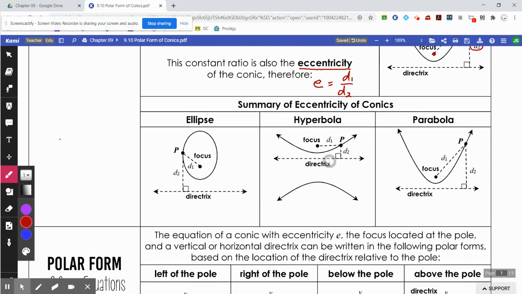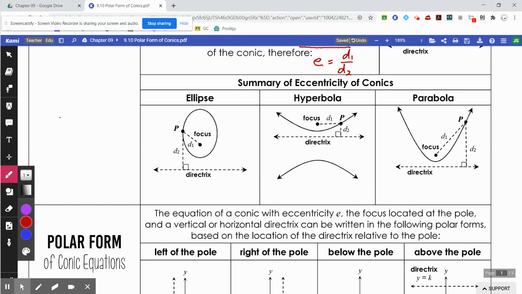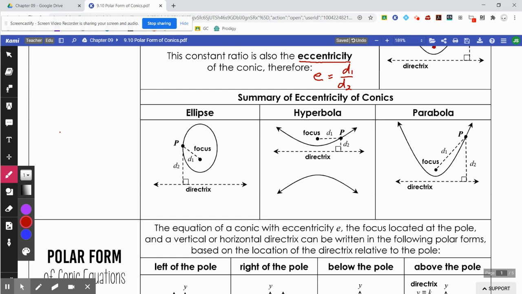However, let's look at our other conics and the eccentricity of each. If you're dealing with an ellipse, again, eccentricity is D1 over D2. Take the focus, and notice that we've defined a directrix here. Notice that D1 is going to be smaller than D2 when we're dealing with an ellipse, and that's true if you pick any point. If you pick this point right here, here's D1 and here's D2.